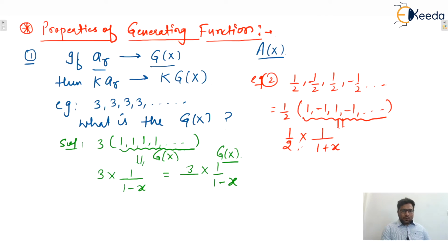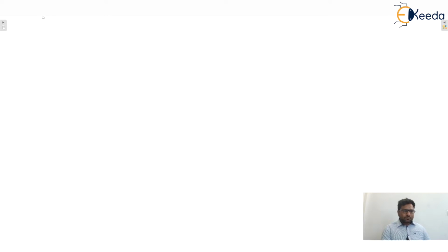So write down the next property. The second one is, let's say one generating function is given to you, A(x) or g(x), that represents any generating function, and let's say the corresponding sequence is a_r. Every generating function corresponds to a sequence.